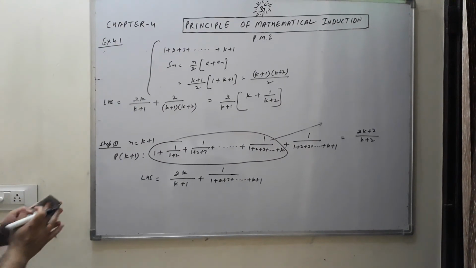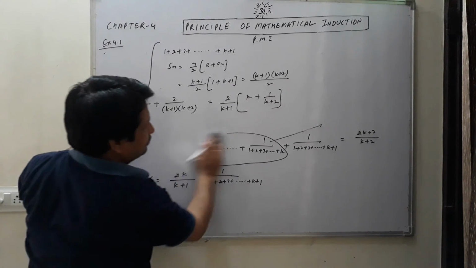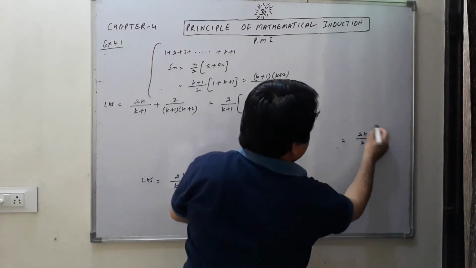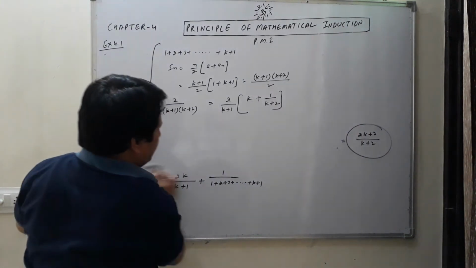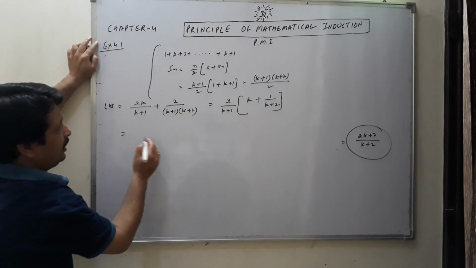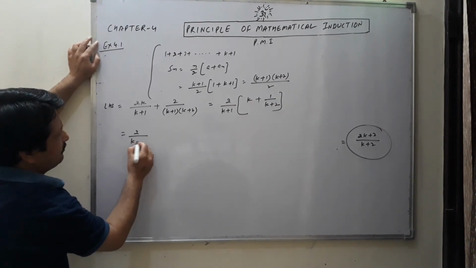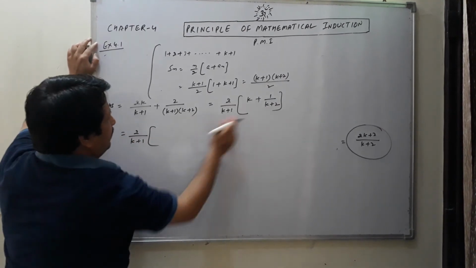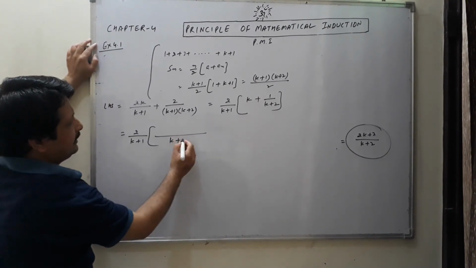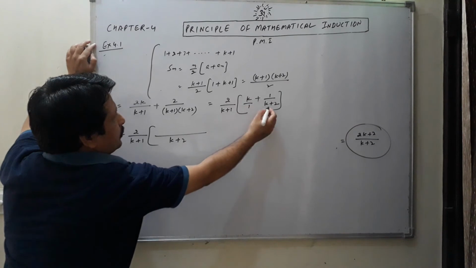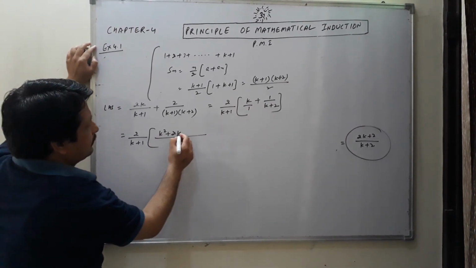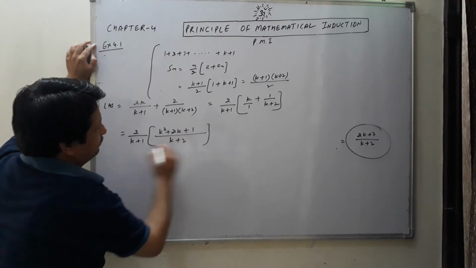Right? Now we will solve it. We will keep in mind the right hand side, that we have to prove it equal to. This is equal to, now here 2 upon k plus 1, we will take its LCM. k plus 2 is the LCM. So multiplied by this, it will come as k square plus 2k plus 1.